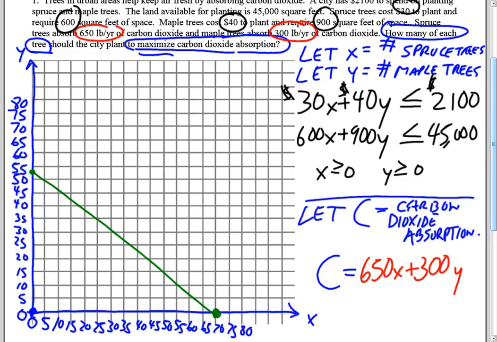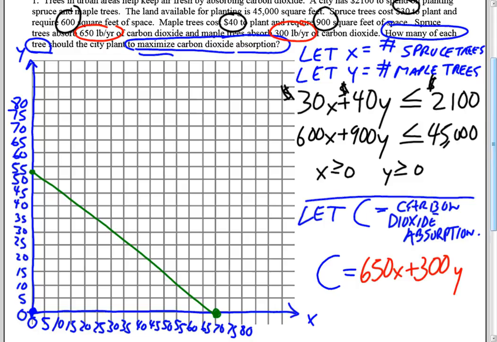If I throw in a 0 for x, what would that y have to be? 50. Do a little division. 45,000 divided by 900 is 50. And if I make this 0, then I've got 45,000 divided by 675. So no decimal there.